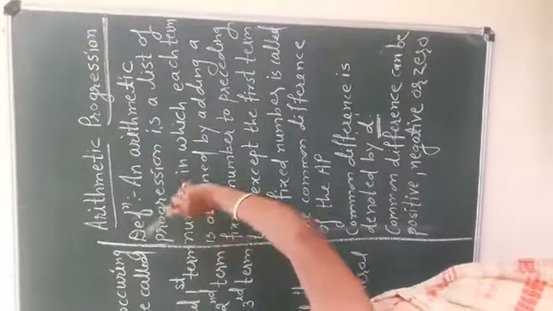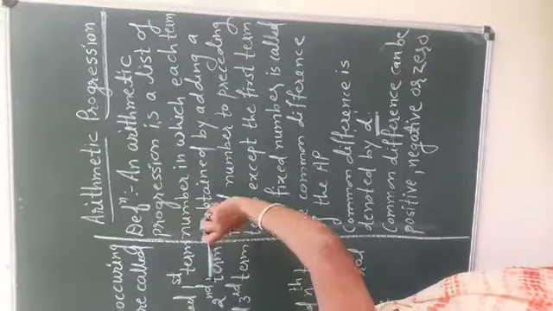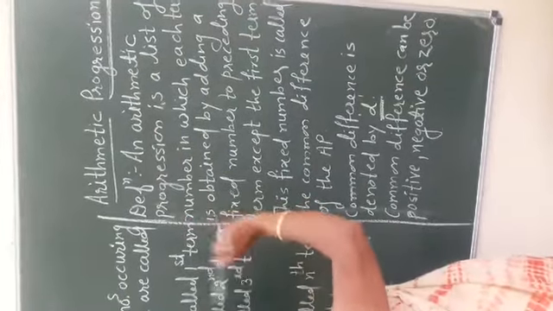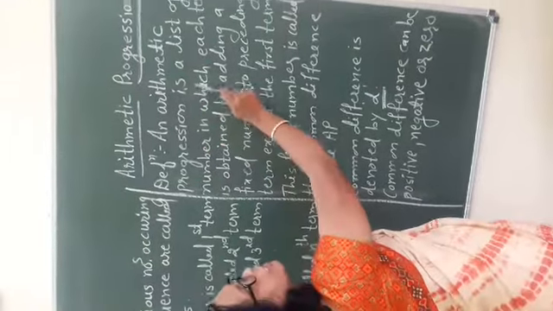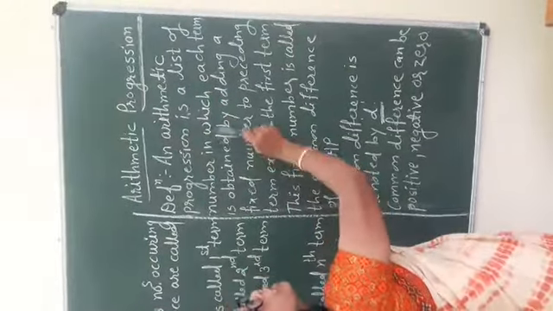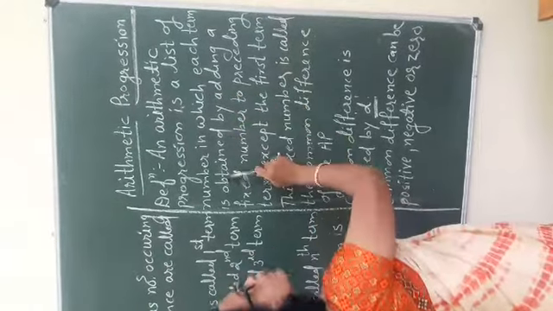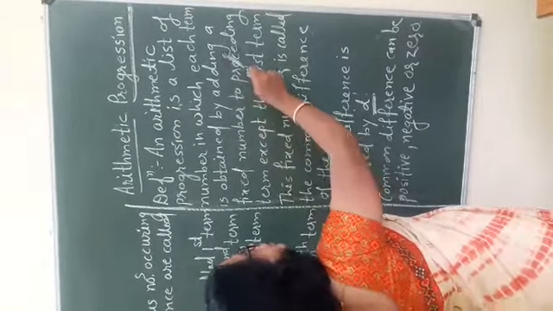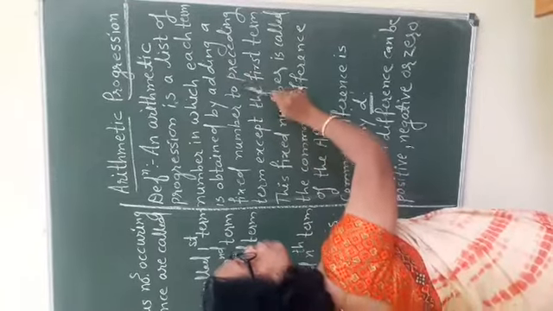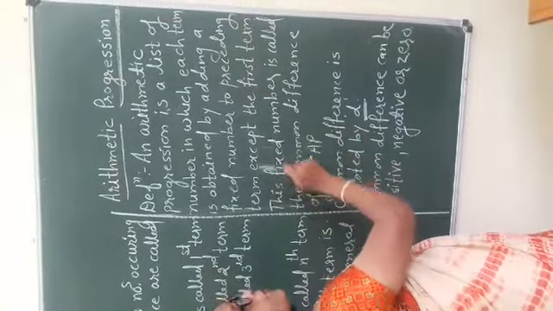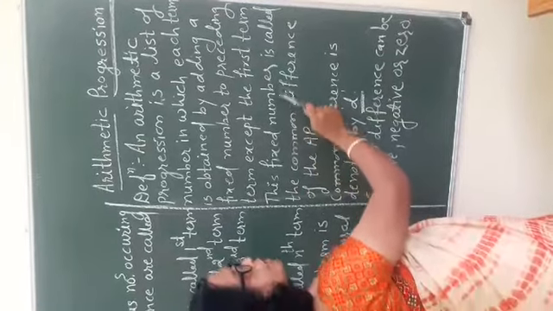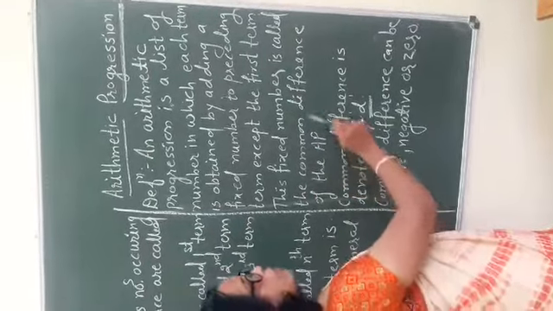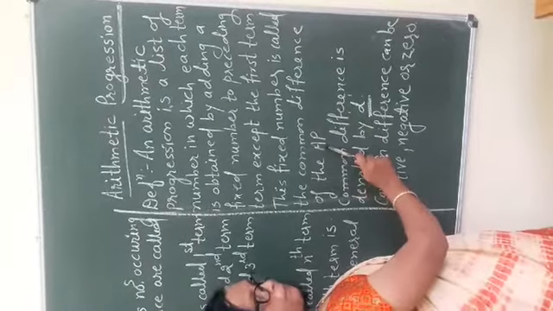Now our main topic, that is arithmetic progression. Then how will we define arithmetic progression? An arithmetic progression is a list of numbers in which each term is obtained by adding a fixed number to the preceding term except the first term, and this fixed number is called the common difference of the AP.